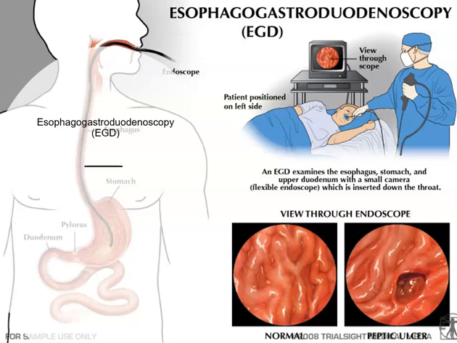Okay, and the upper digestive tract, guys, is generally referred to as the esophagus, stomach, and the first part of the small intestine, which is the duodenum. So that's why it's called esophagogastroduodenoscopy, or EGD.